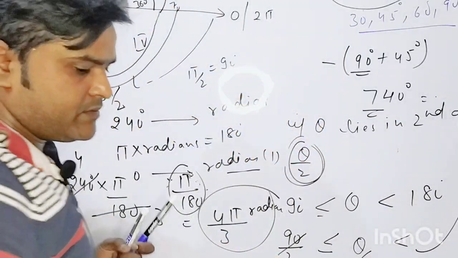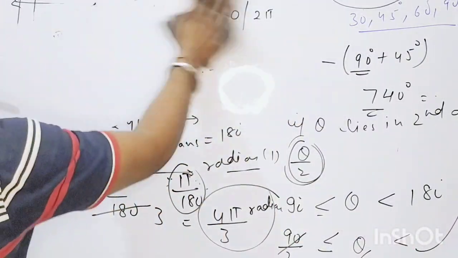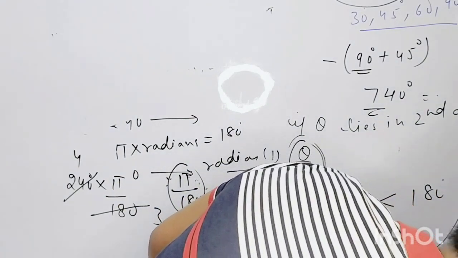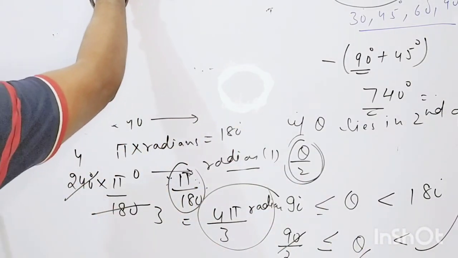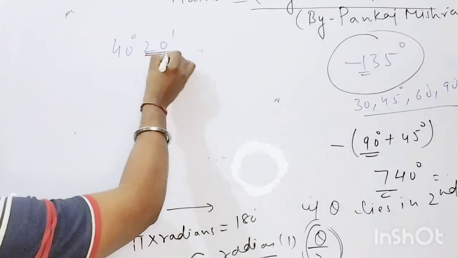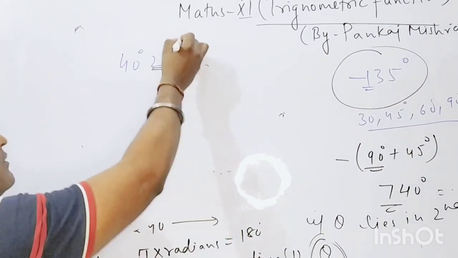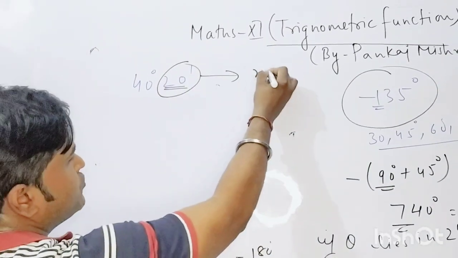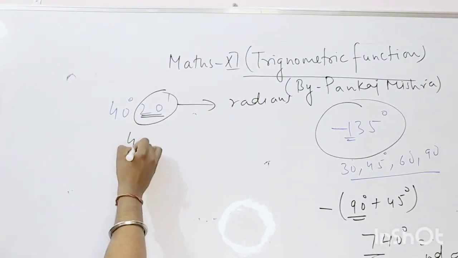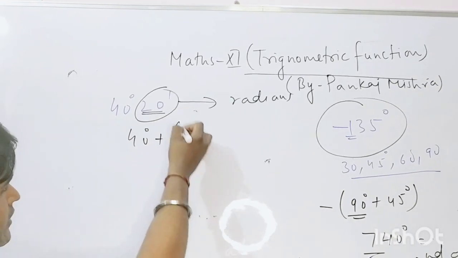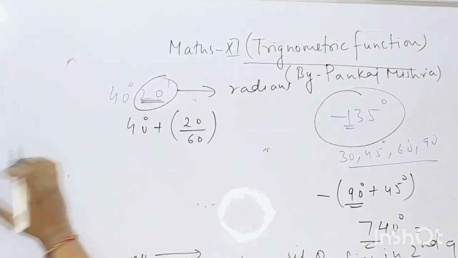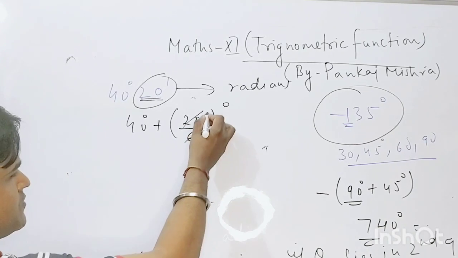Now there is one more case. Suppose we want to change an angle like 40 degree and 20 minutes. 40 degree is given, that is okay, but for the minutes part we again have to change it into degrees. 1 degree is equal to 60 minutes, so 20 minutes becomes 20 by 60, which is 1 by 3.